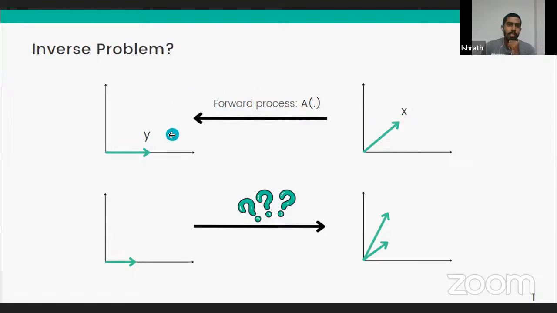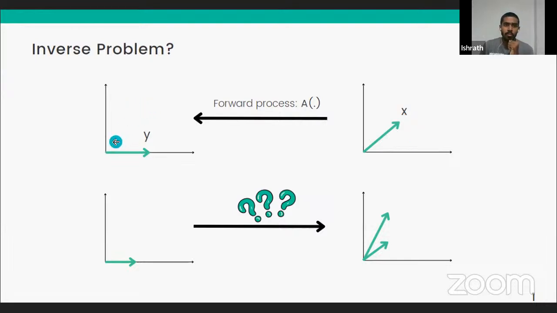After the transformation, we get a measurement called y. So the forward process is the transformation going from the ground truth signal x to the measurement y.